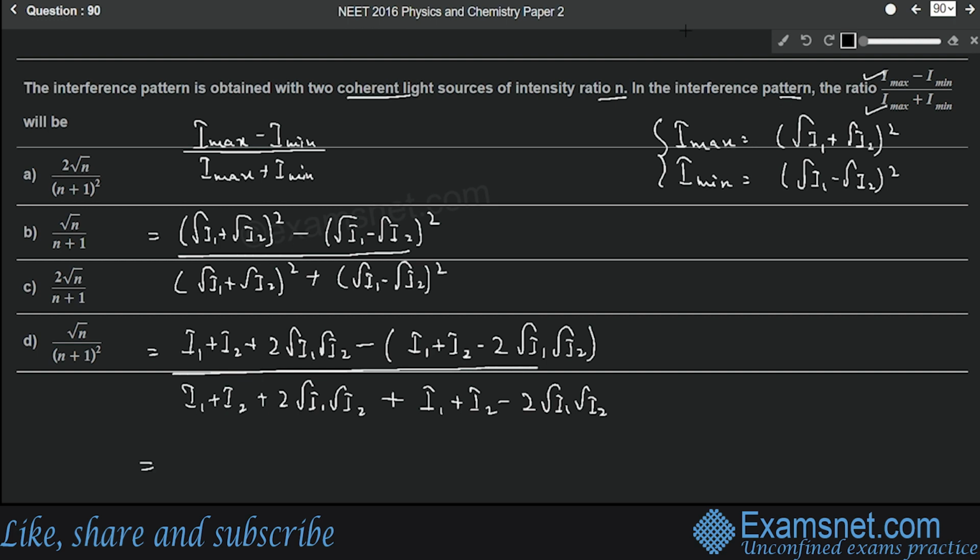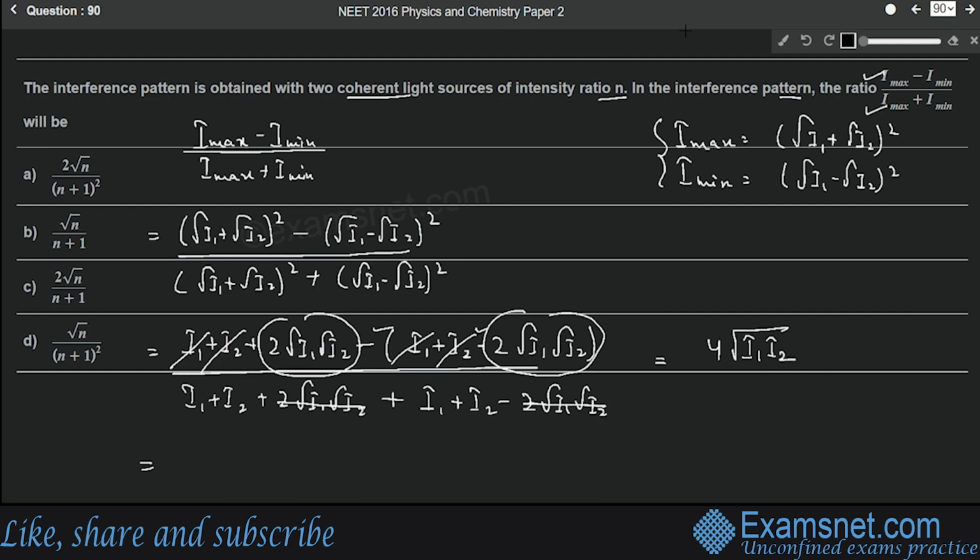So on the denominator side, plus 2 root I1 root I2 will cancel out this minus 2 root I1 root I2. And on the numerator side, if you open the bracket, this I1 will cancel out this minus I1 and this I2 will cancel out this minus I2. So what will be left on the numerator side? 2 root I1 root I2, and this side minus minus will become plus, so plus 2 root I1 root I2, it will become 4 root I1 I2.